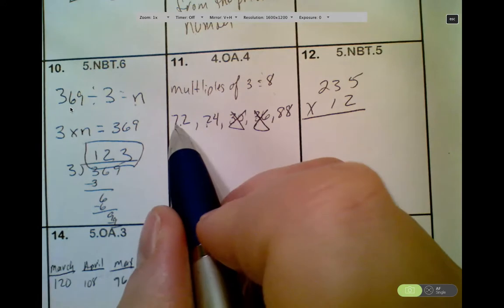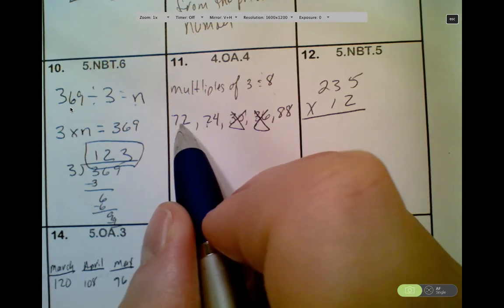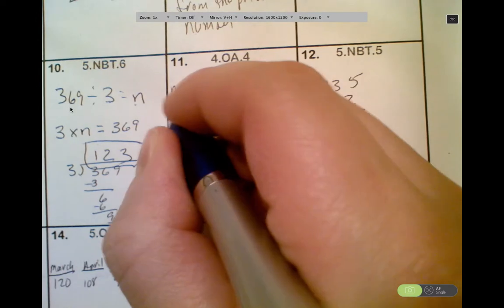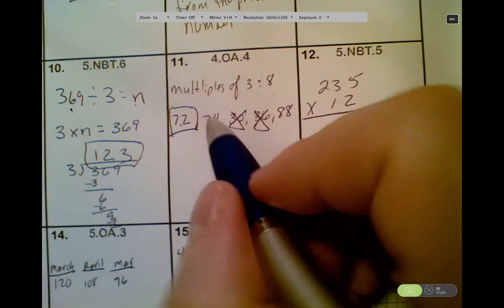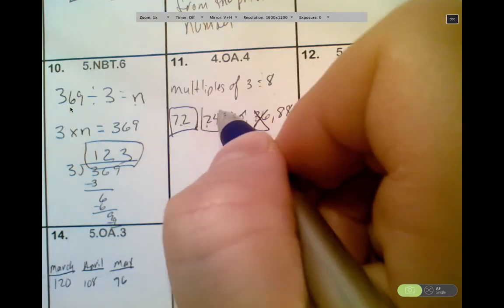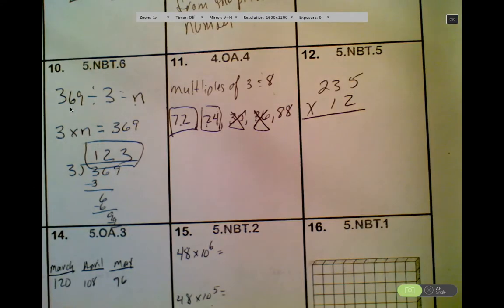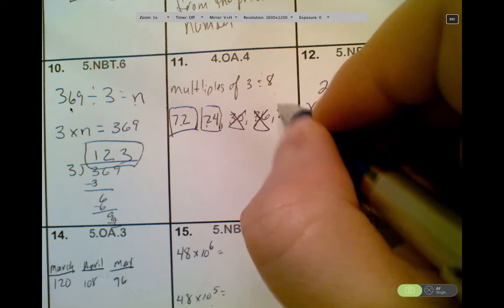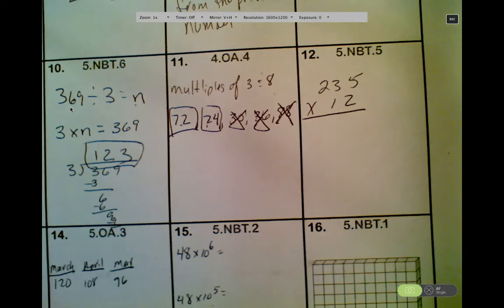So back to my thing. 7 plus 2 gives me 9. Okay, 3 does go into 9, therefore it'll go into 72, and so does 8. 2 plus 4 is 6. 3 goes into 6, therefore it'll go into 24, and so does 8. 8 plus 8 is 16. 3 does not go into 16, so that is incorrect.